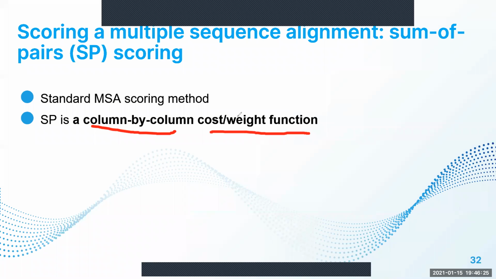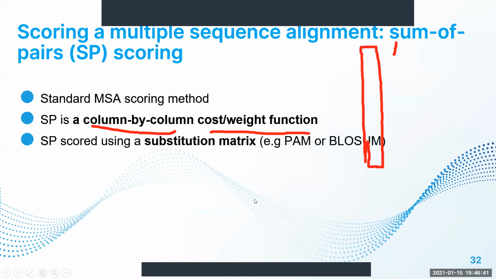For a column we have some sort of weight, which is the possibility of one element occurring, like the matrix I showed previously. Then we do the scoring based on the substitution matrix.